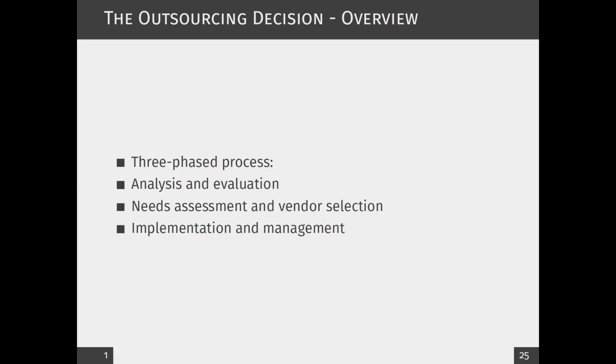Then phase two is what we call needs assessment and vendor selection, which means we need to understand the requirement, then create a proposal for the requirements, and then look for some vendors. Vendors means somebody who will offer or provide the services for us.